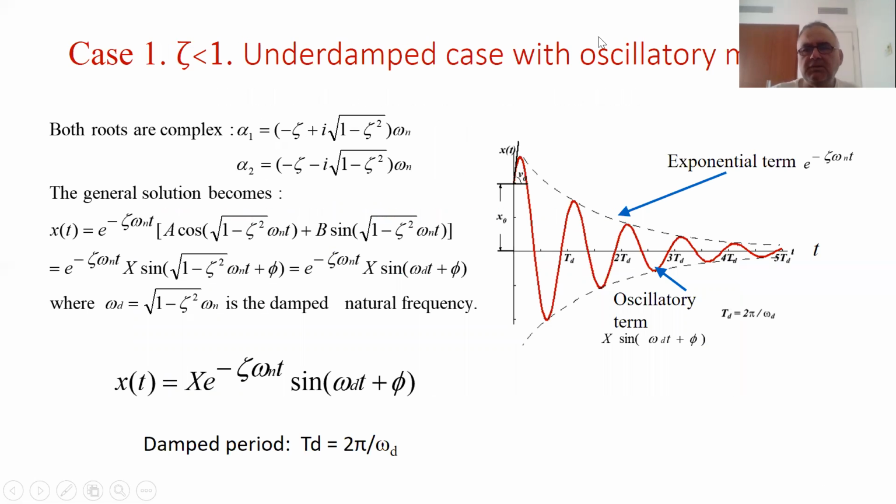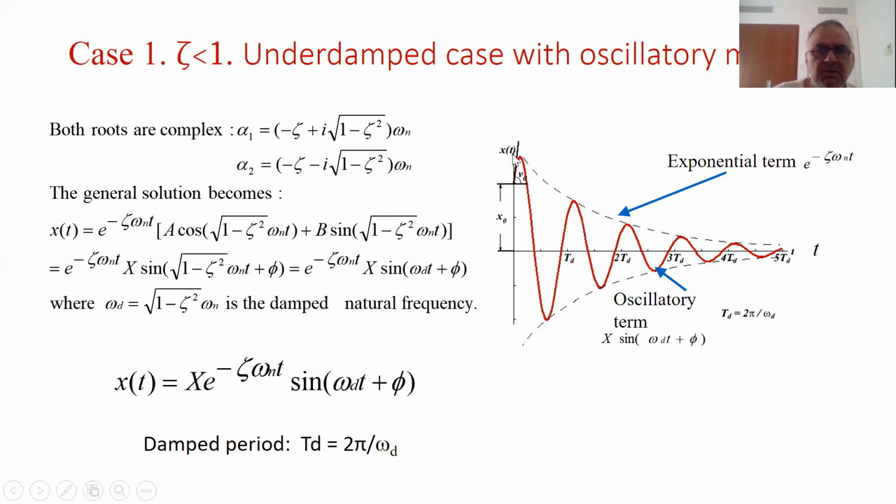The most important case for us is the underdamped case, in which there would be oscillatory motion. The motion oscillates and eventually dies out because of the dissipation of energy. So you start from an initial displacement and a possible initial velocity.